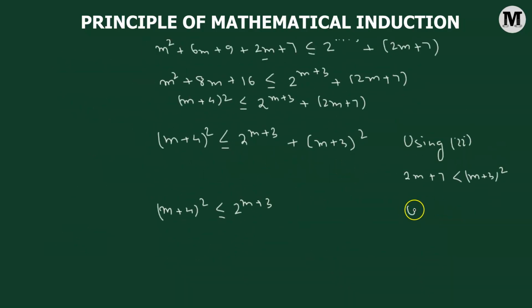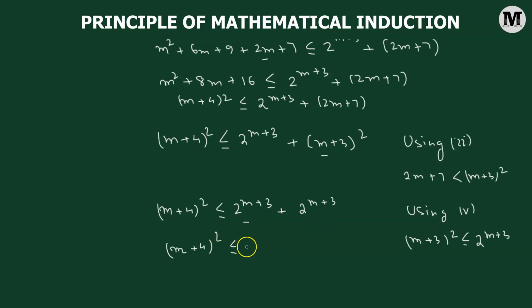Using statement number 5, we have stated that (m plus 3) whole squared is less than or equal to 2 raised to the power of m plus 3. So here we can replace (m plus 3) whole squared with 2 raised to the power of m plus 3. Finally, we have (m plus 4) whole squared less than or equal to, now both of them are the same term, so 2 times 2 raised to the power of m plus 3.